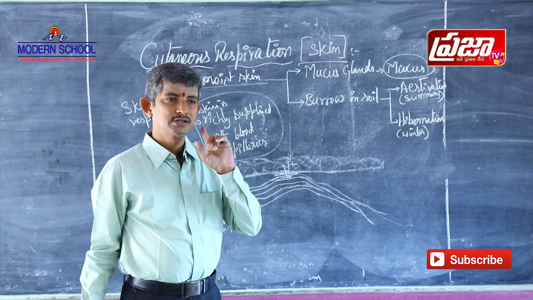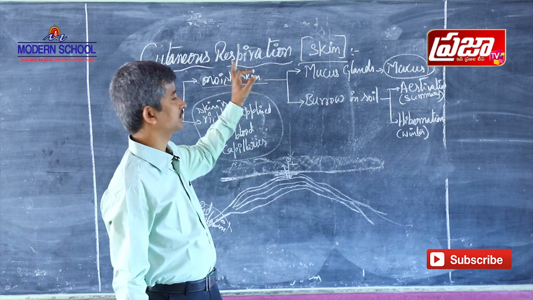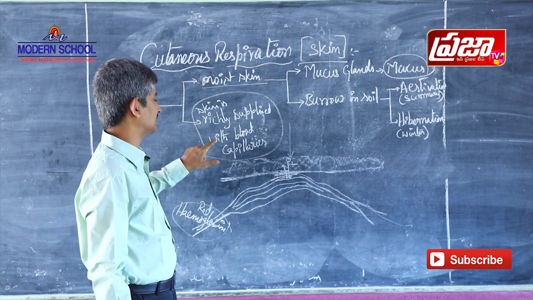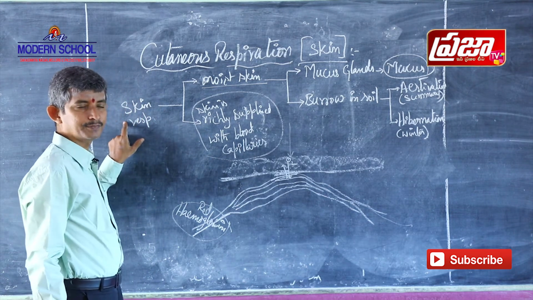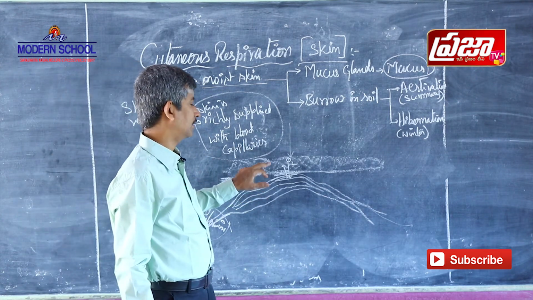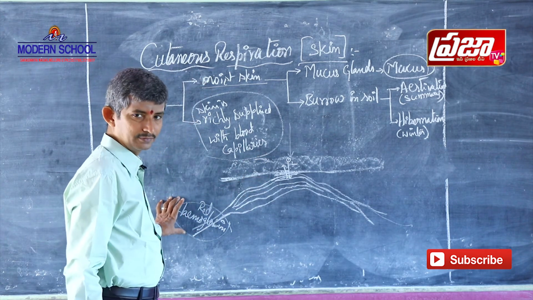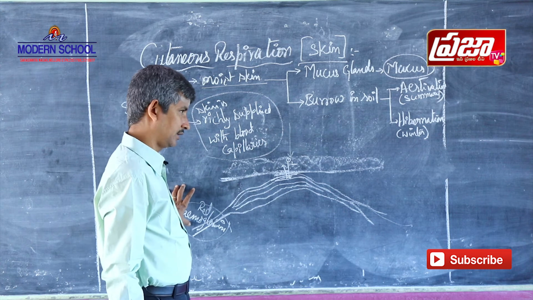First point, skin is a respiratory organ, called cutaneous respiration. The skin should be moist and richly supplied with blood vessels to respire. Next, the blood contains hemoglobin, a respiratory pigment.